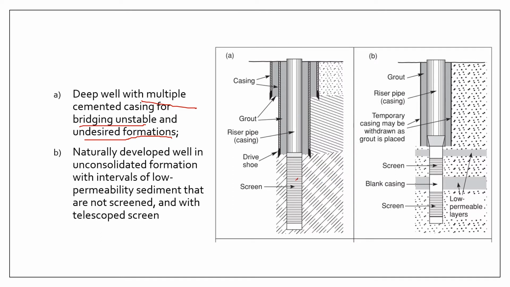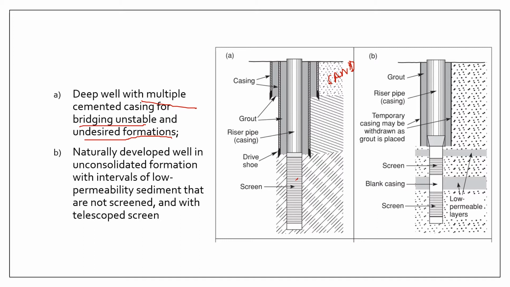Now let's talk about how the casings are actually used to bridge your undesirable formations. Typically, let's say this is your loose sand that is prone to flowage or collapse.